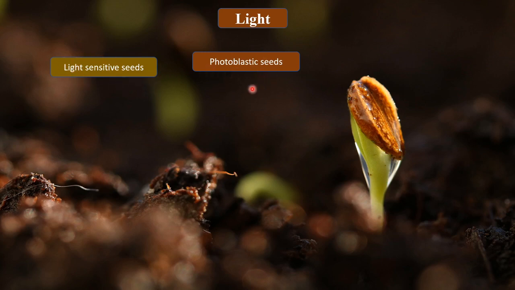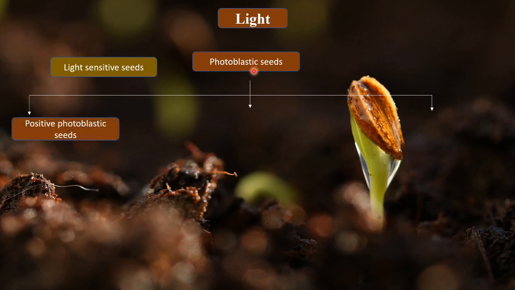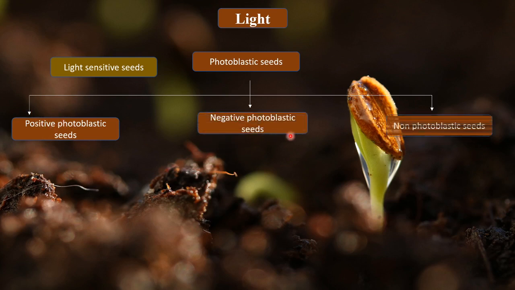Based upon how sensitive a seed is to light, photoblastic seeds can be of three types. These are positively photoblastic seeds, negatively photoblastic seeds and non-photoblastic seeds, right?